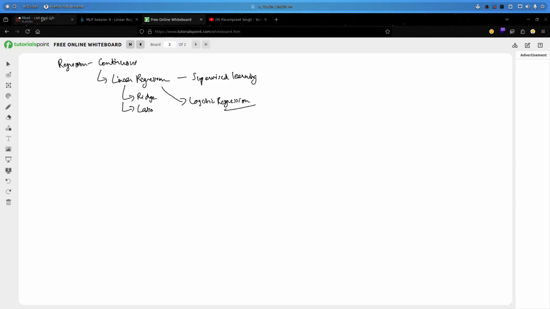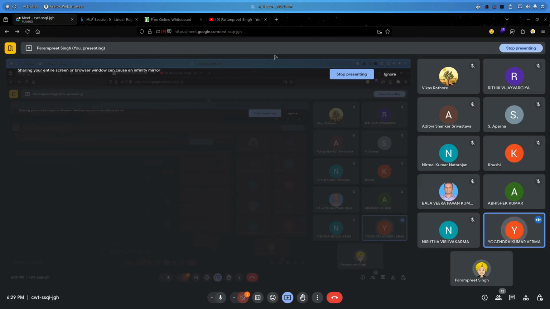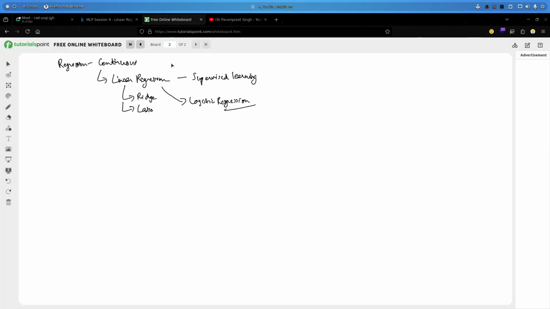What do you mean by continuous? Do you mean the data or features should be continuous in linear regression? By continuous I mean, in discrete we have a specific set of values that we can count, like age: 18, 20, 24.